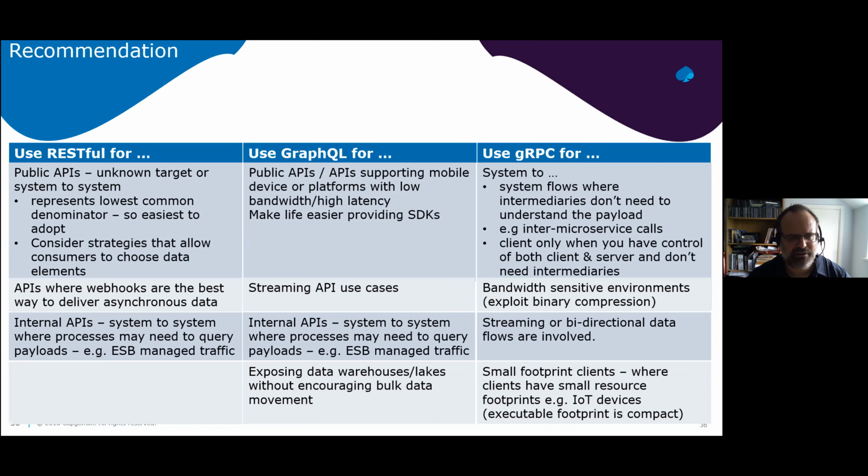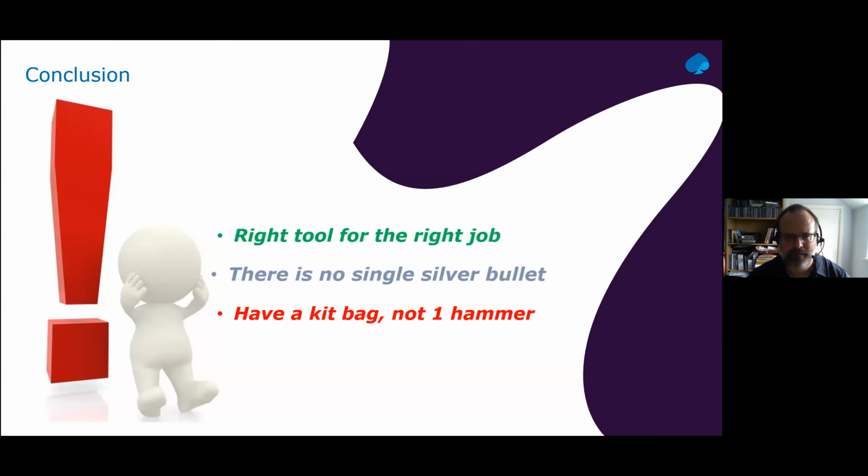So those are our recommendations. The important thing here is that SOA historically, and products like SOA Suite, tended to get used as, I have one hammer and this solves all my problems when it comes to integration. We're best not going down that route. So choose the right technology for the right use case.